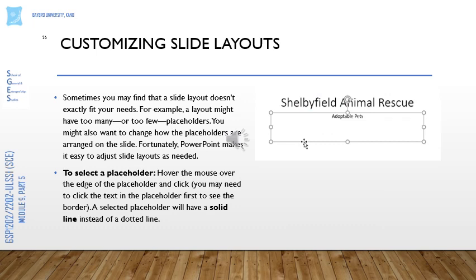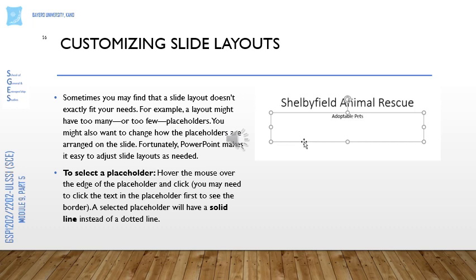Sometimes you may find that a slide layout doesn't exactly fit your needs. For example, the placeholders you might want to type your text in might be too many or too few. All you have to do is rearrange your placeholders to fit what you want to do.